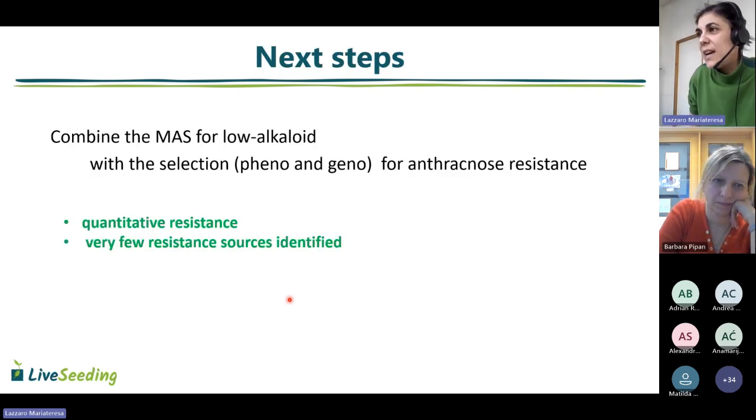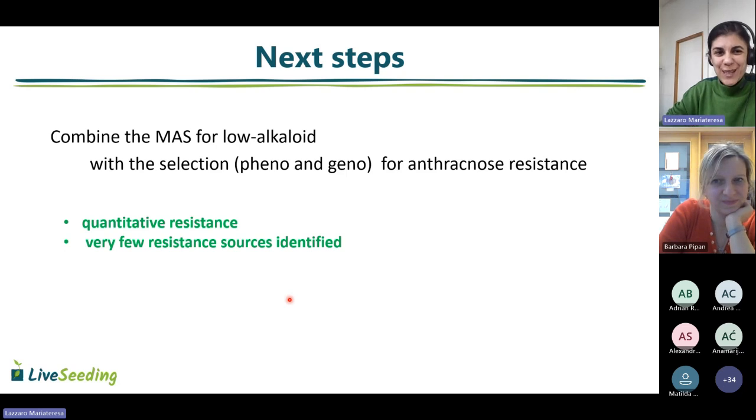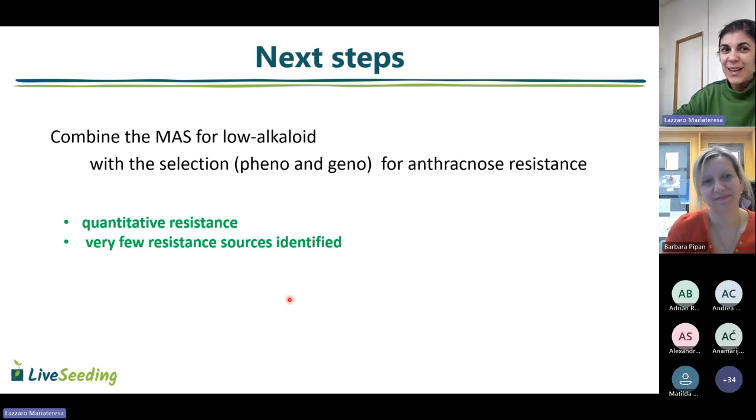Having breeding lines which are very low in alkaloid is not useful unless they are also resistant to anthracnose, at least for our growing conditions, where anthracnose is very damaging and very present. So the next step is to combine the marker-assisted selection for low alkaloid with the phenotypic and genotypic selection for anthracnose resistance.